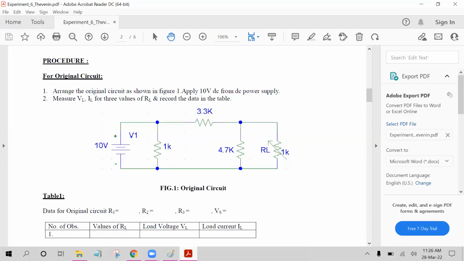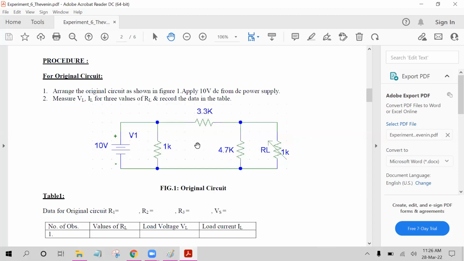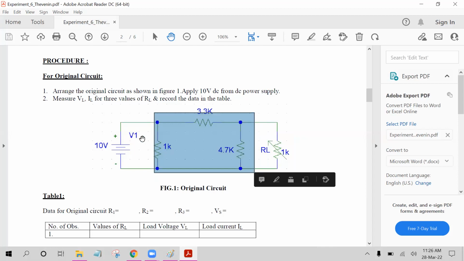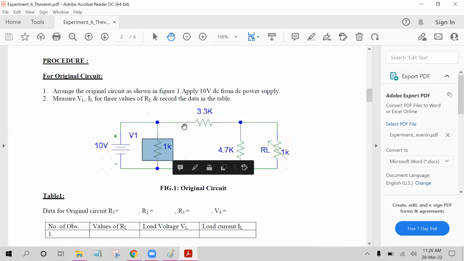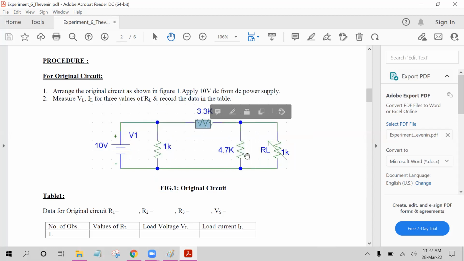Next, observe that we need total 4 resistors, right? So just to be sure that we won't make a mess of R1, R2, R3, I am going to call this R1, this one R2, and this one R3. Okay, everybody clear? R1, R2, and then R3.